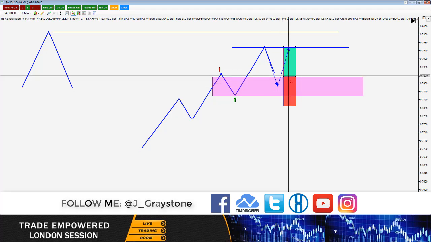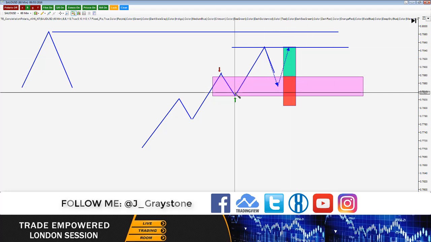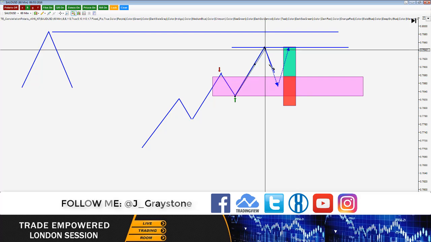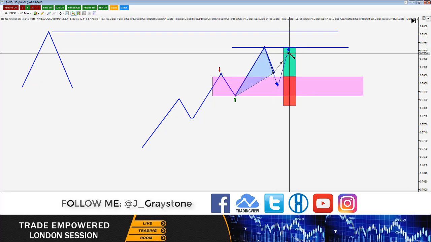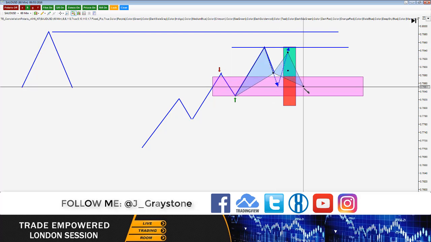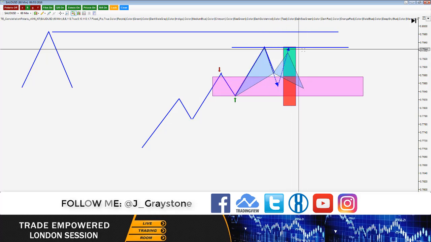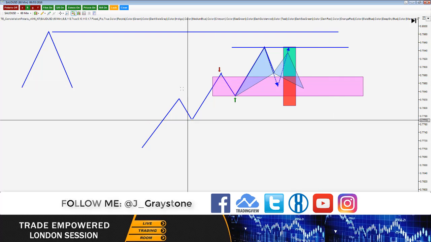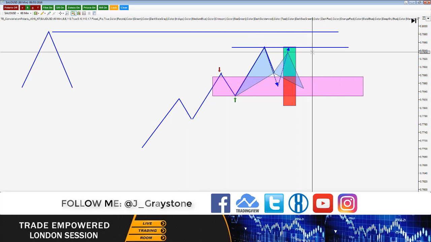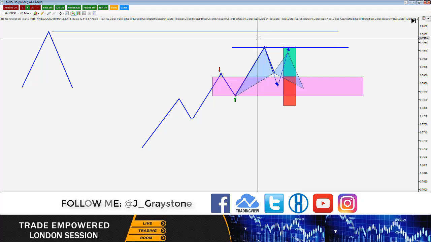Now, that's the more conservative approach. Now, sometimes we find that we get a pattern entry just like this, and the pattern completes right in the kill zone. Now, when this scenario occurs, when you get this setup, okay, it doesn't happen all the time, but it does happen. It does happen more often than you think.